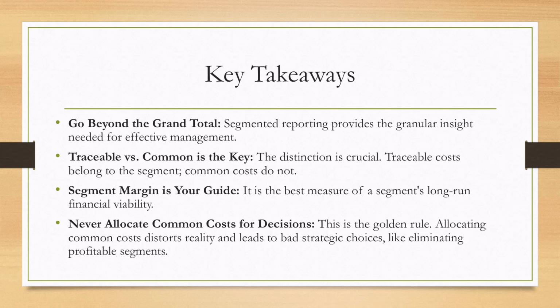Third, the segment margin is your guide. It's the best measure of a segment's long-run financial viability. And finally, remember the golden rule. Never allocate common costs to segments when making decisions. Allocating these costs distorts reality and can lead to poor strategic choices, like eliminating a profitable part of your business.